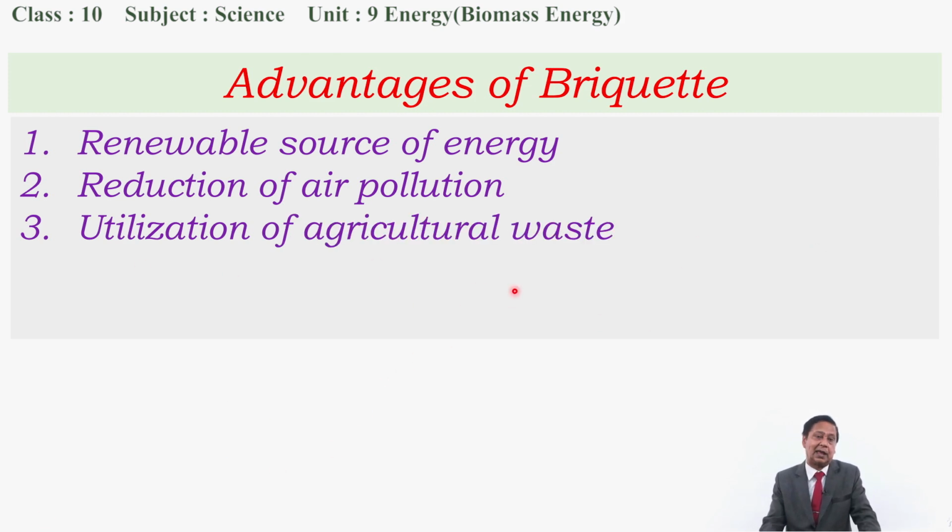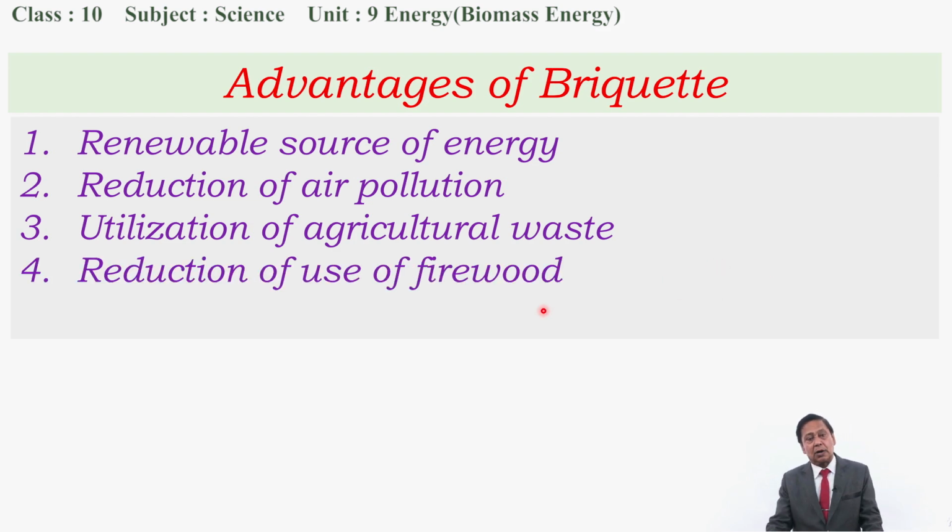Agricultural waste can be utilized very nicely in making briquette. Otherwise, waste is waste, which we cannot use again. And another, reduction of use of firewood. If we use firewood in less amount, then certainly deforestation doesn't occur.